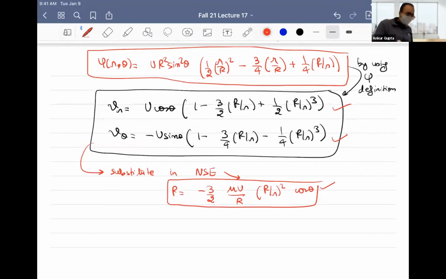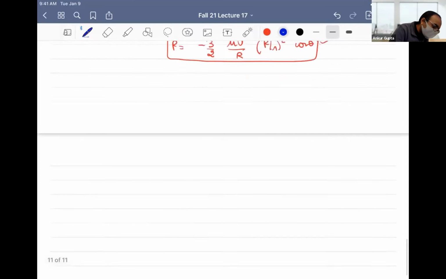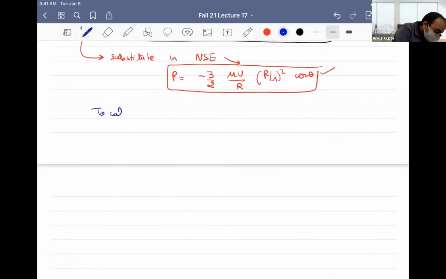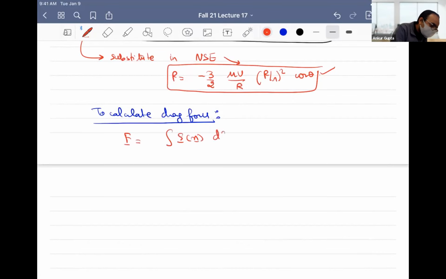All right, so now to calculate drag force, we say F is the integral of S and dS. This is our z, r. We want to calculate the drag force by the fluid on this sphere.